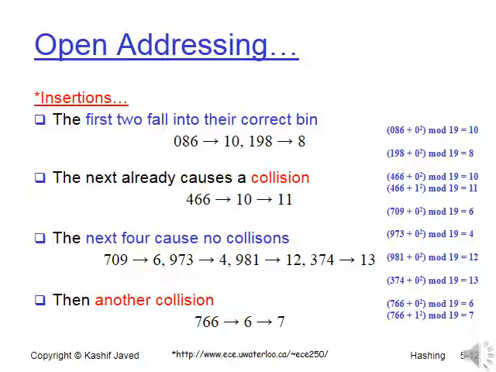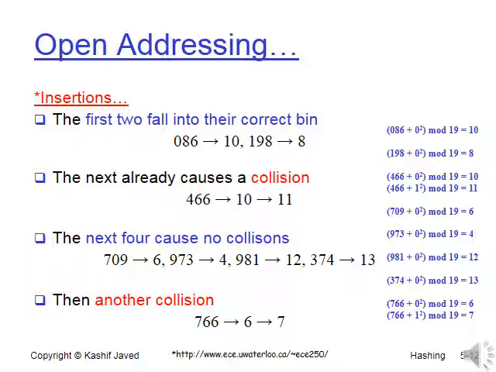Similarly, for random number 198, we will have the hash value computed as 198 plus 0 squared, the whole term mod 19, which equals 8. So we will insert it into bin 8 of our hash table. Thus, the first two numbers, 86 and 198, fall into their correct bins.